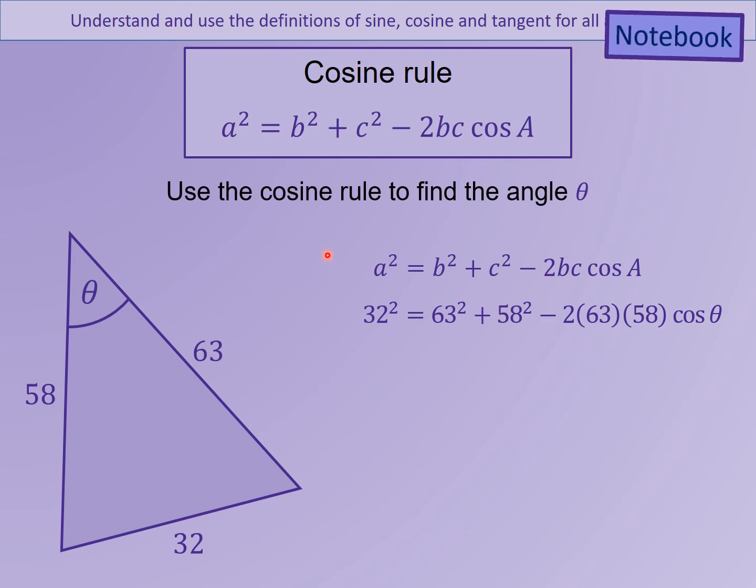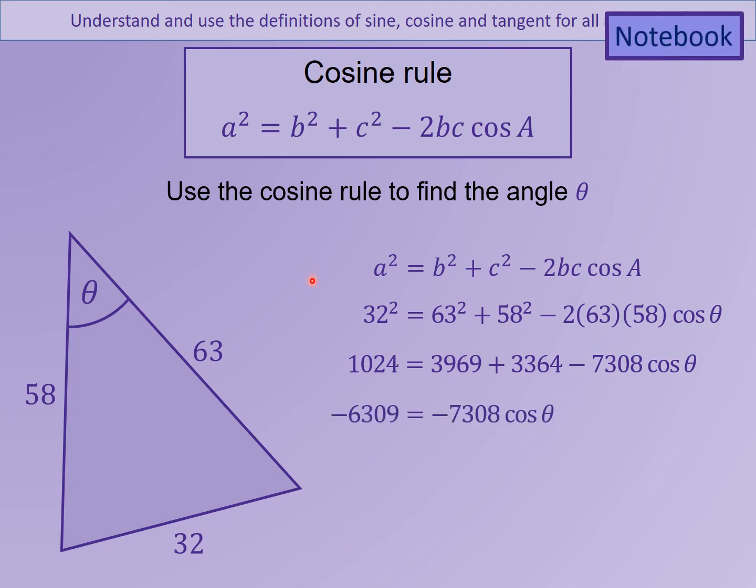So then I'm going to work out the values a little bit at a time, not trying to do too much all at once. So I've squared all of the values and multiplied together the 2, the 63 and the 58. And then taking the 3969 and the 3364 across to the left hand side.